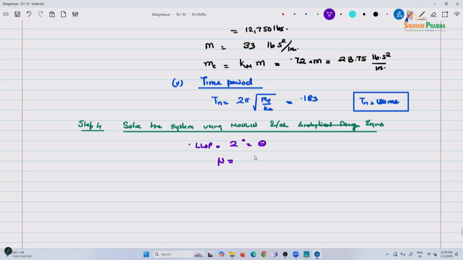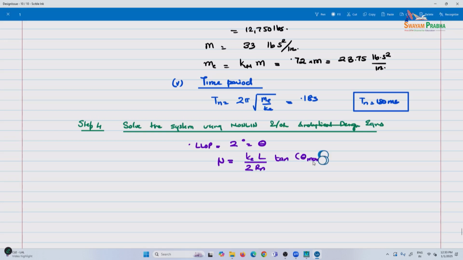Basically the delta static expression. What's that? Ke into L by tangent of theta max. So can you help me with this one, please?